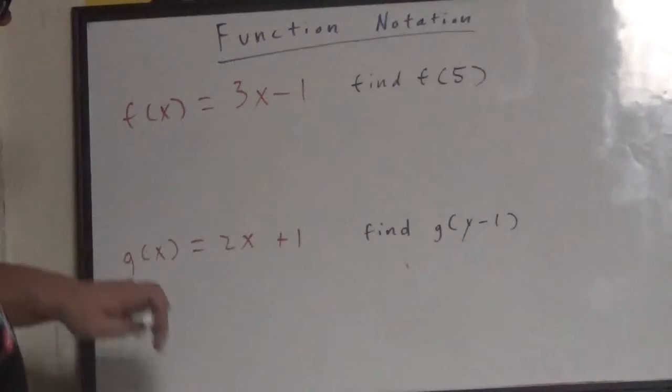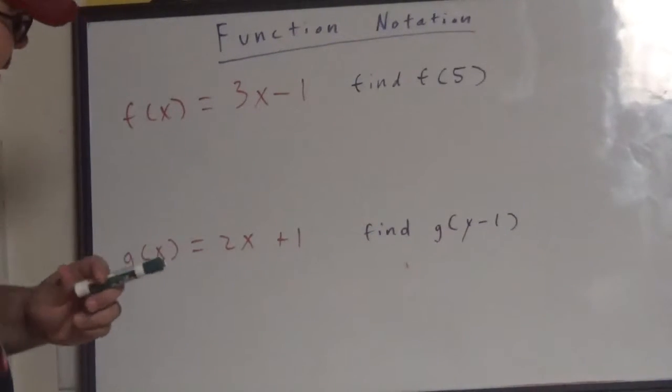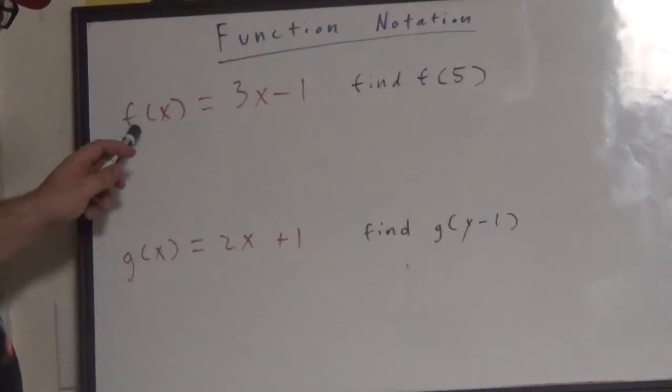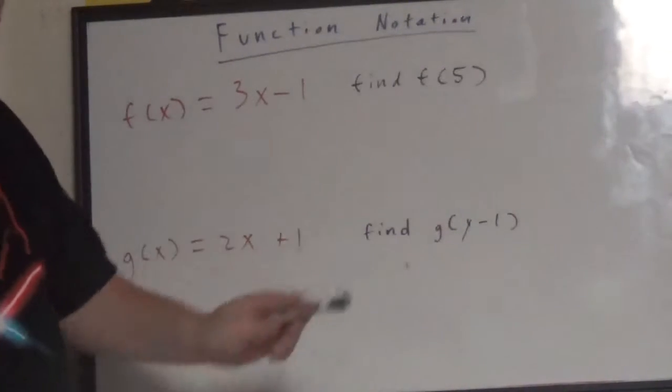First off, when we have a number, this is easy. f of x, meaning the value of the output at x, when x is in the equation, equals 3x minus 1. We want to find f of 5.